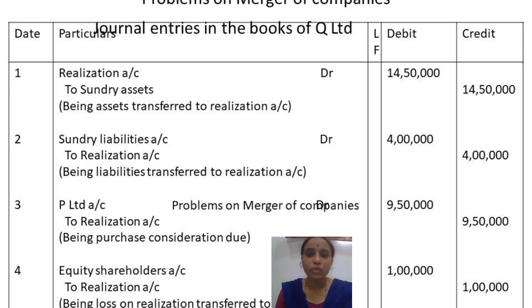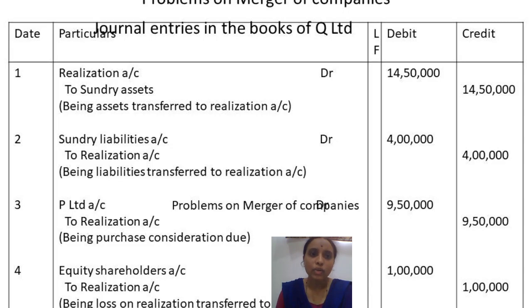Hence this Q Limited doesn't exist in future. All the assets are taken by P Limited, and the purchase consideration is to be paid by P Limited to Q Limited. Then coming to the first journal entry to be passed in the books of the transferor company, being assets transferred to realization account.